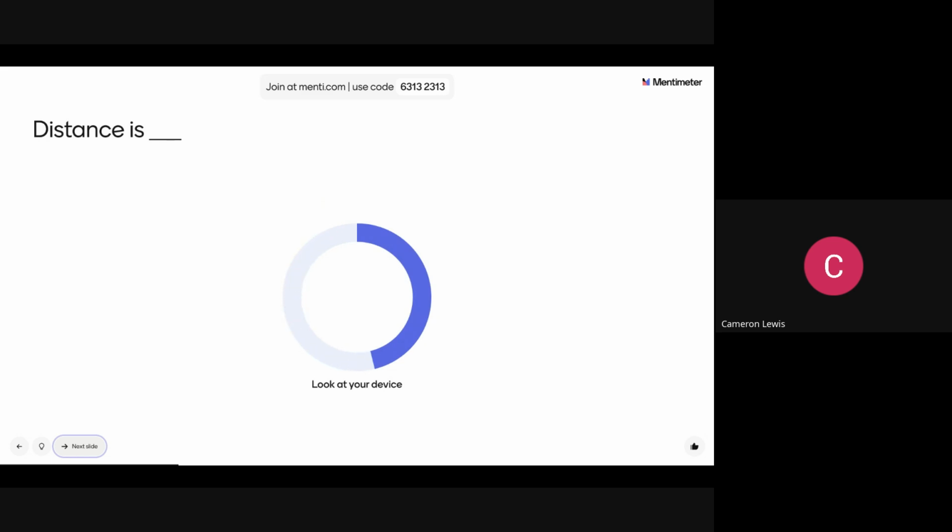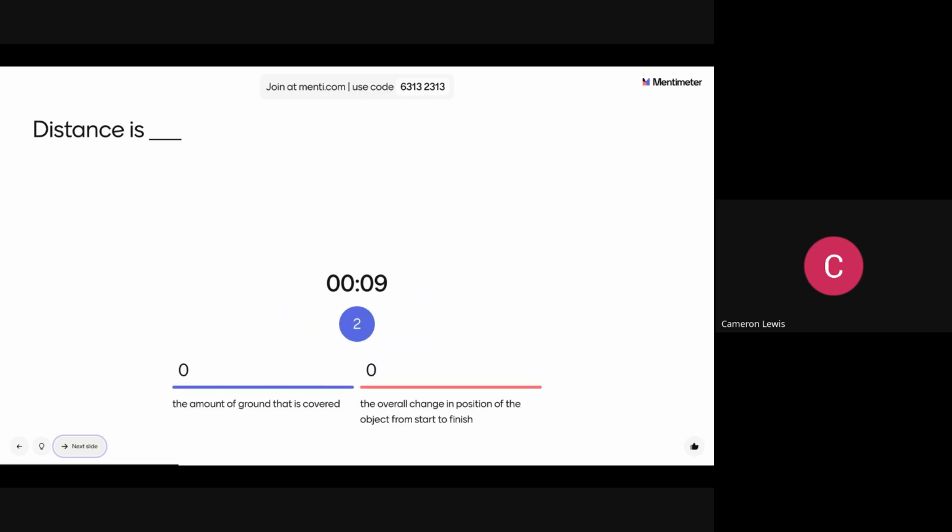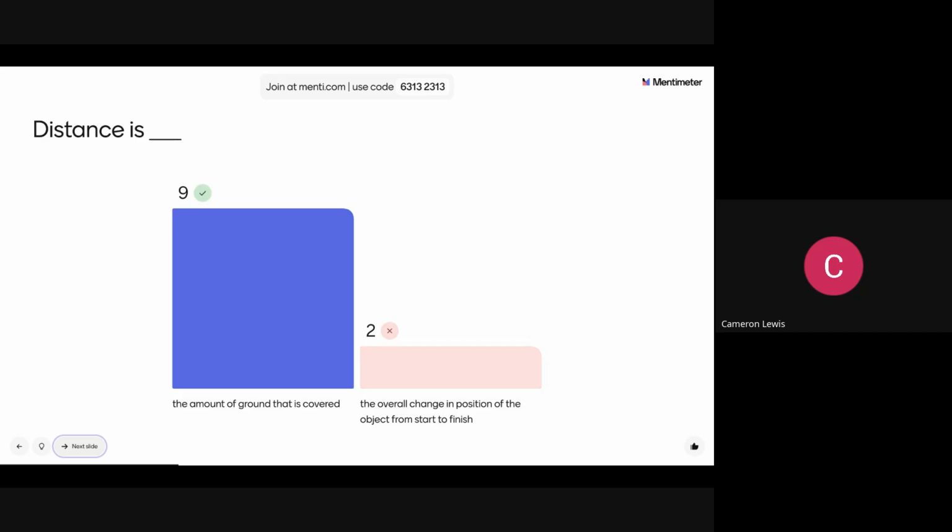Now, distance. What is distance? Distance is the amount of ground that is covered, or the overall change in position of the object from start to finish.